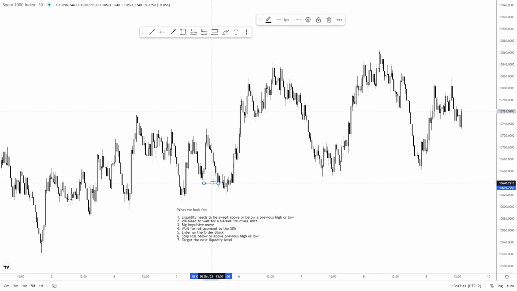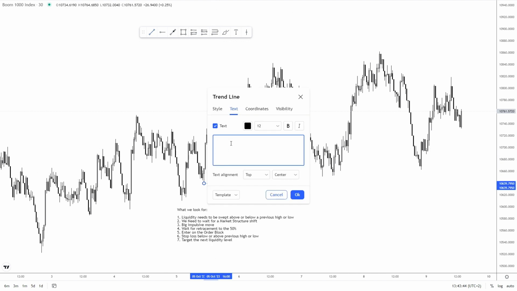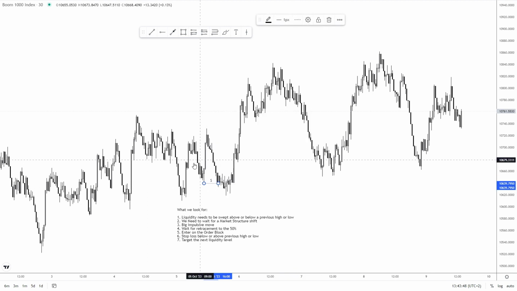The reason why I chose this liquidity to be swept is because when you look at the left, there was an order block there, price broke there, impulse move, came back, tapped in. There's that market structure shift.